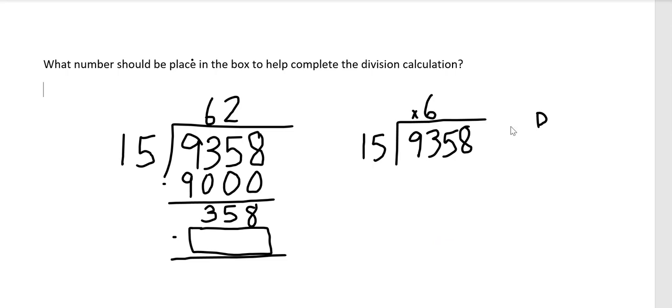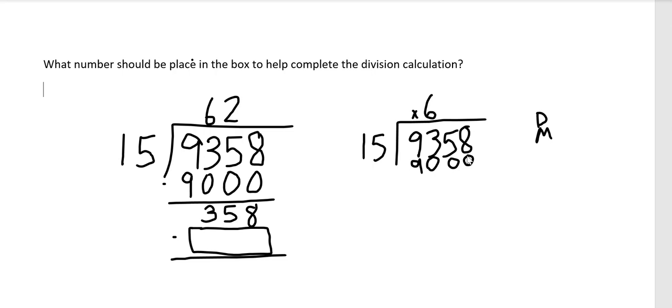So there's the division. Now we're going to multiply. 15 times 6 is 90. That's how I would do it. Now these extra zeros over here come from multiplying by the place value as well. So rather than just saying 15 times 6 is 90, 15 times 600, since this is over the hundreds place, is 9,000.